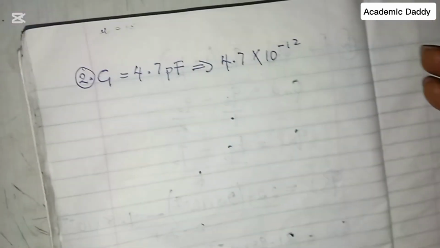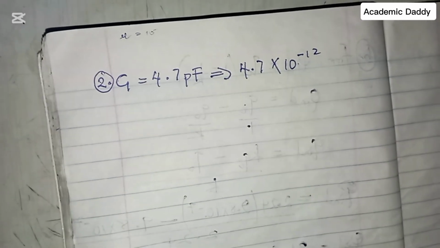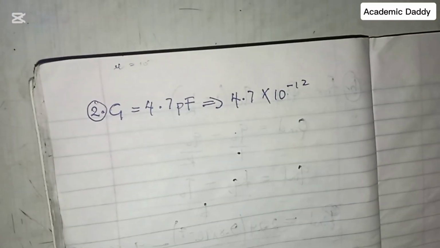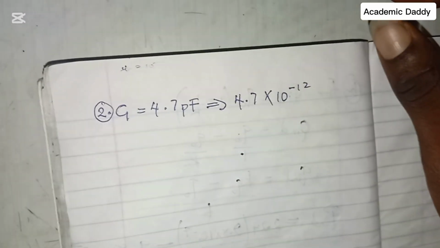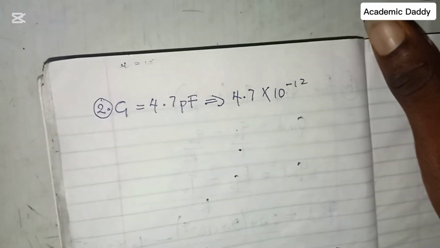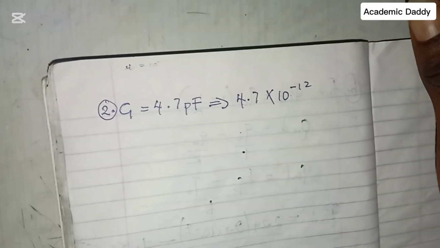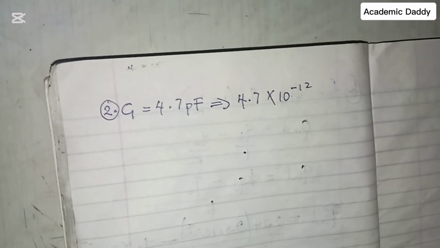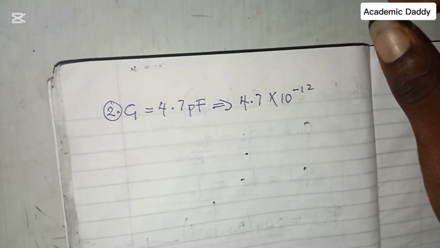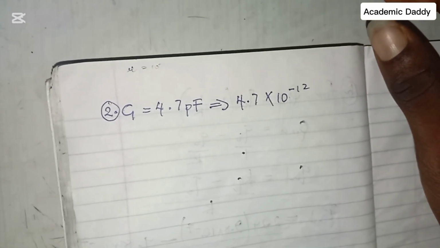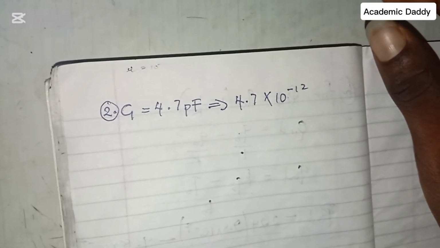Like 10 raised to the power 6 microfarad is the same as 1 farad. That means that 1 microfarad should be equal to 10 raised to the power minus 6 farad.